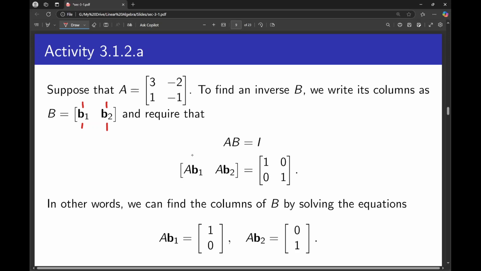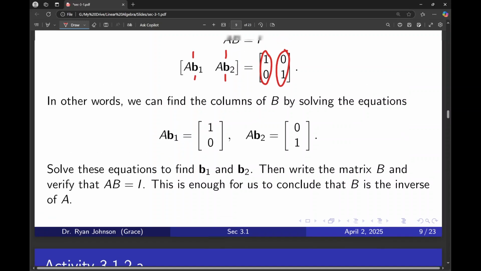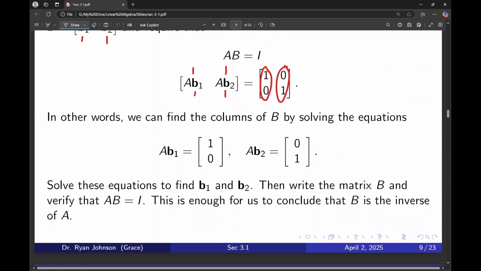That means that we're requiring that this column and that column are equal to this column and that column. Well, in that case, we're solving this equation and solving this equation. So to solve these equations to find B1 and B2, then write the matrix B and verify that A times B equals I.